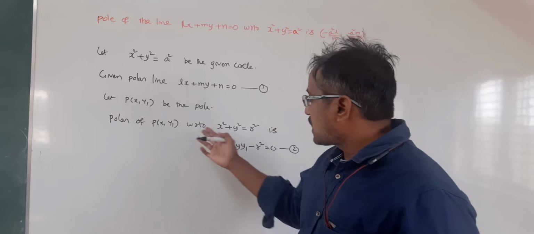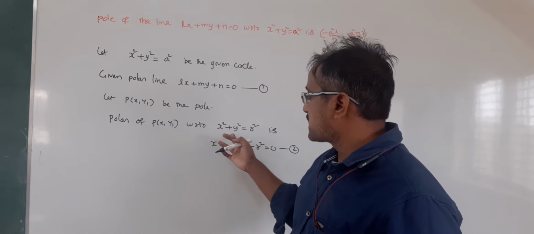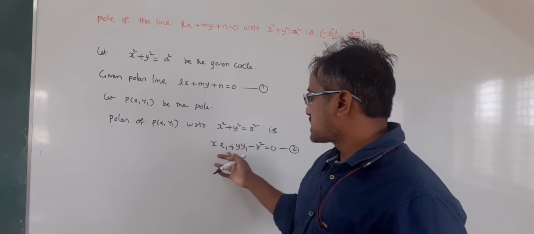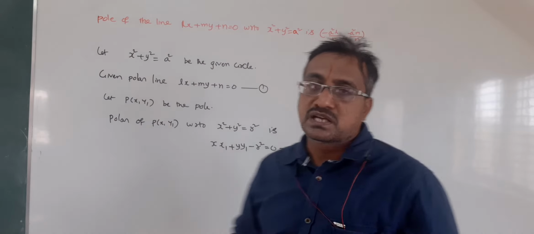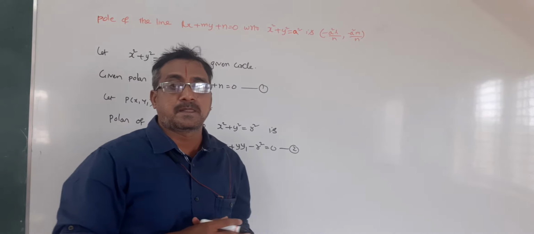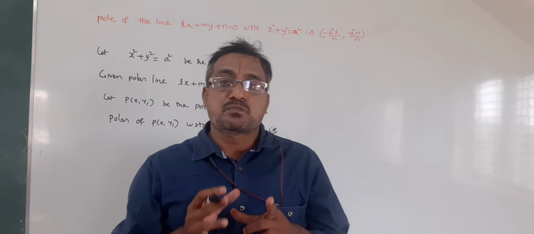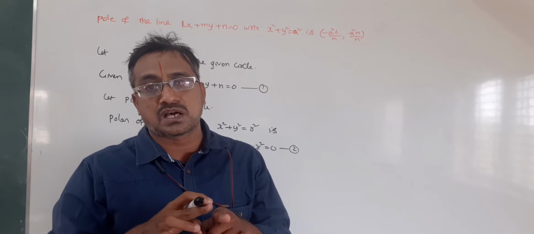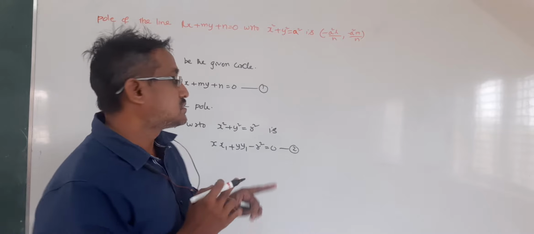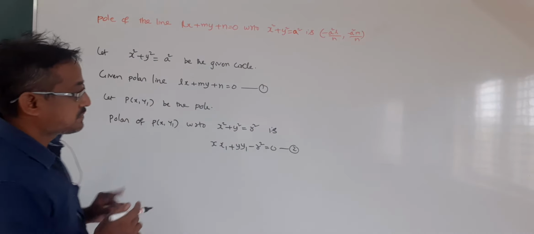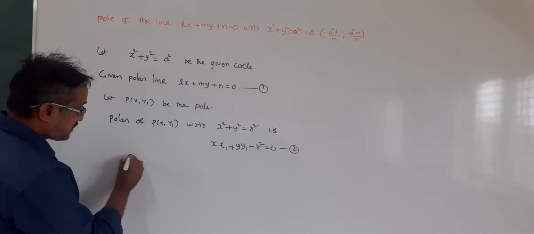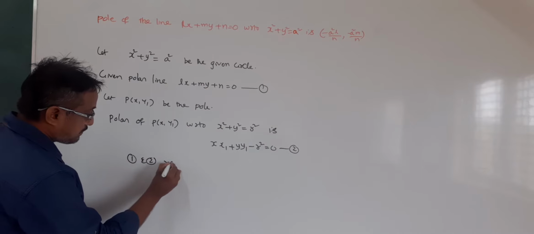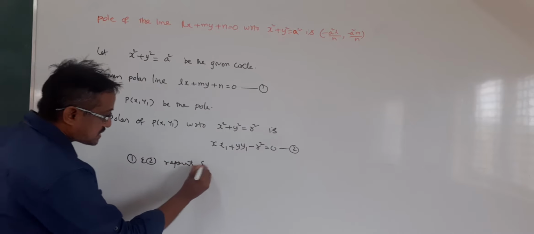So the polar of P(x1, y1) with respect to this circle is xx1 + yy1 - r² = 0. Now remember that if a polar exists, then it is unique. You cannot have two polars from a pole. So these two lines represent the same line. 1 and 2 represent the same line.